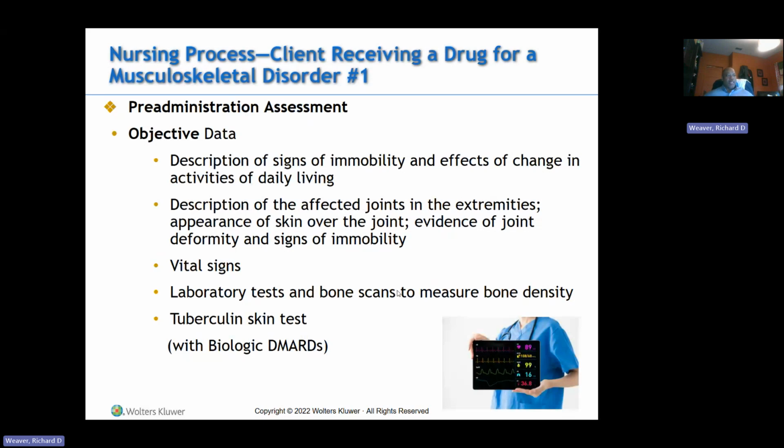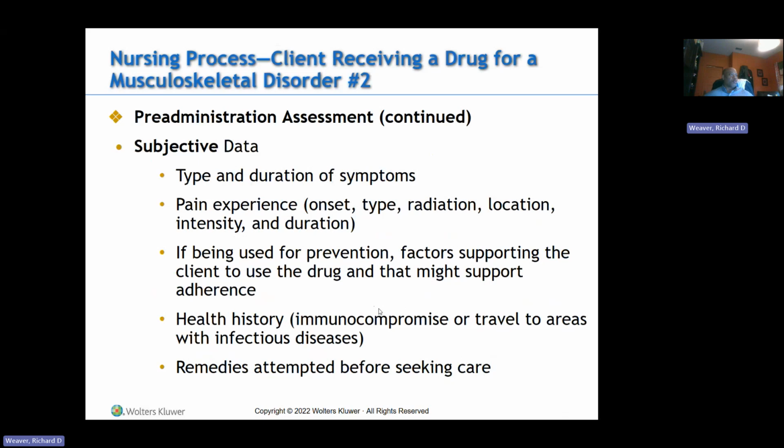We should also do a tuberculin test with those who are receiving biologic DMARDs, because remember, this drug reduces the immune system. And so these patients are susceptible to tuberculosis. So we want to check and make sure that they're not experiencing tuberculosis or have been exposed to it. Let's see if there's anything here.